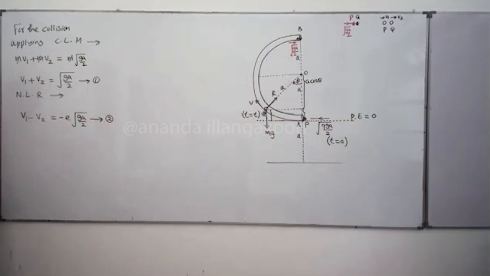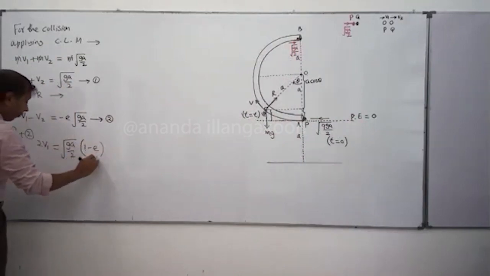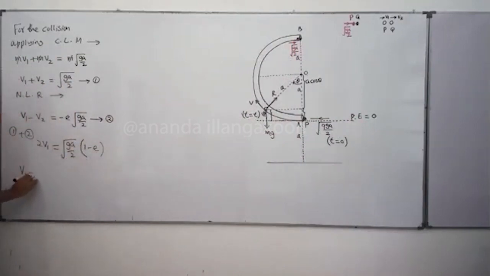Now by solving 1 and 2, people, we can find v1 and v2. Adding 1 and 2, these two will cancel off. We get 2v1 is equal to square root of ga by 2 you can take out, and here 1 minus e comes in. Then v1 we get, people, is 1 minus e divided by 2 times root ga by 2.